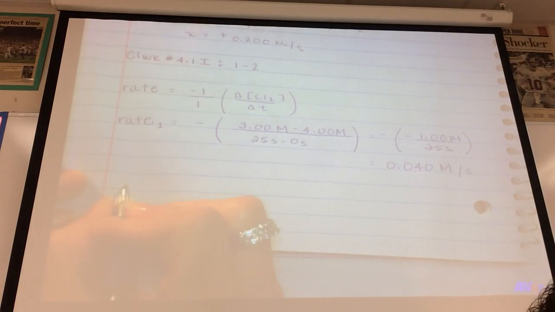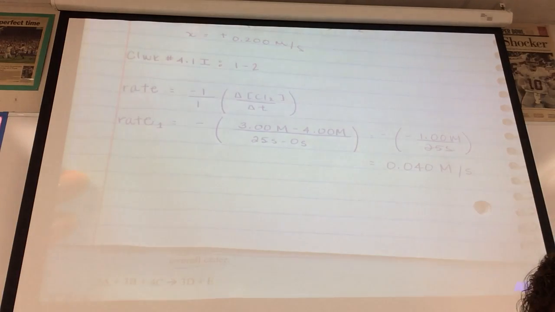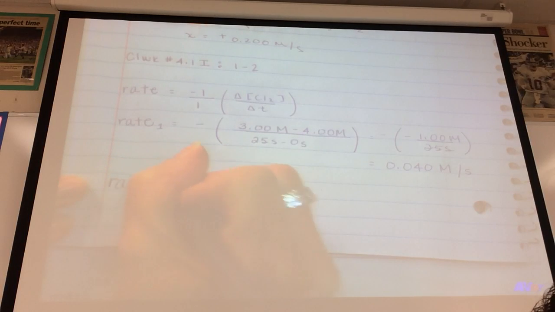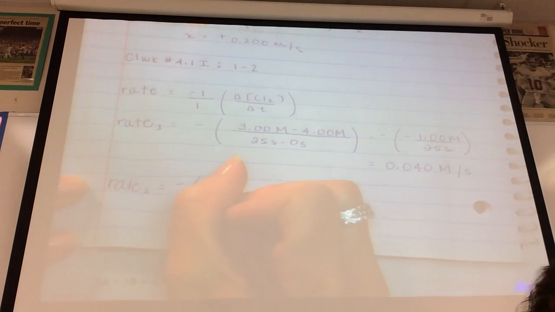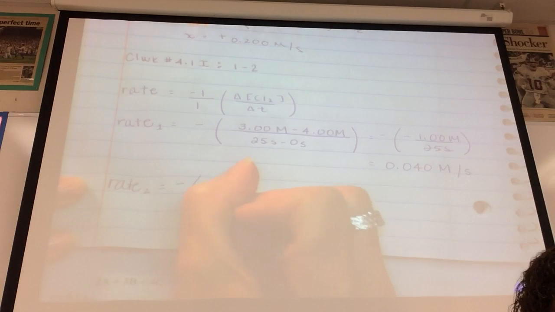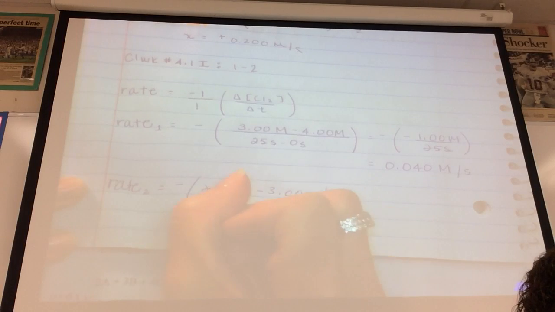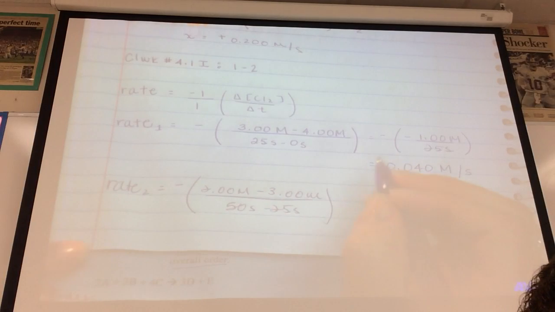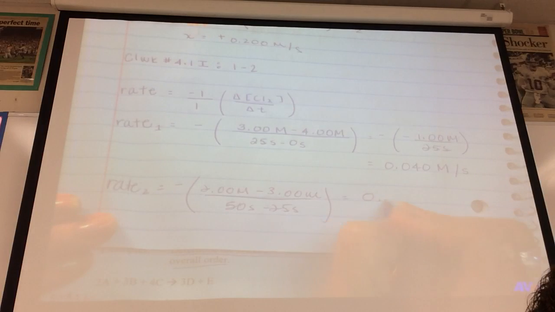The second one you'd set up very similarly. So you'd have rate for the second interval is negative 2.00 molar minus 3.00 molar, 50 seconds minus 25 seconds. That's also 1 over 25, so that's going to be the same.